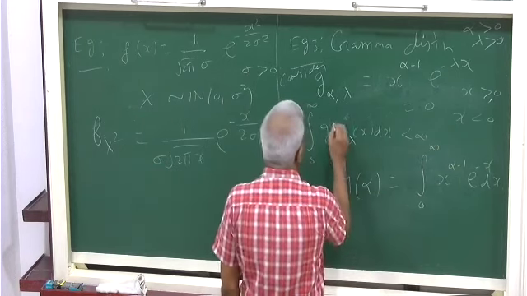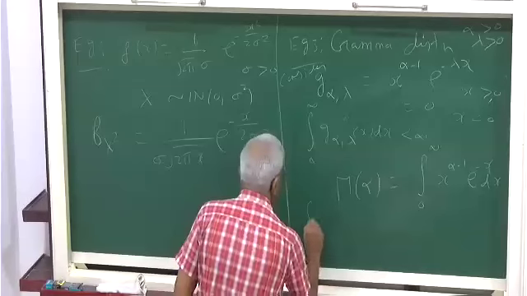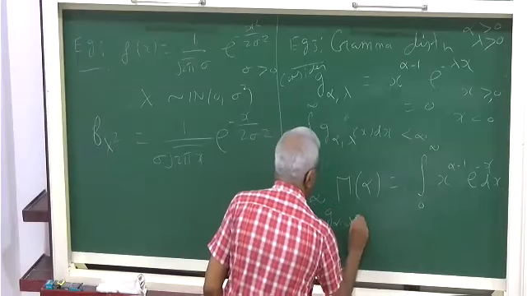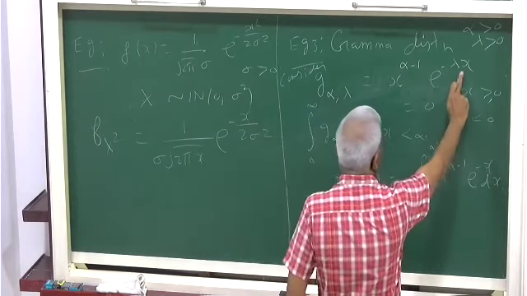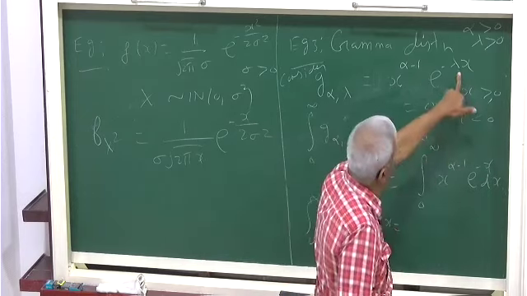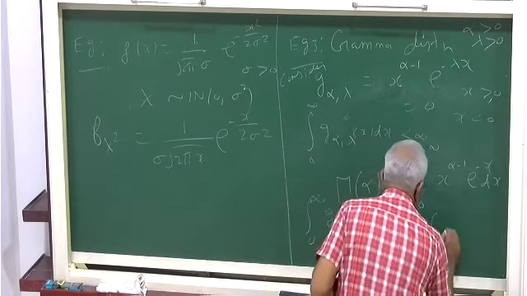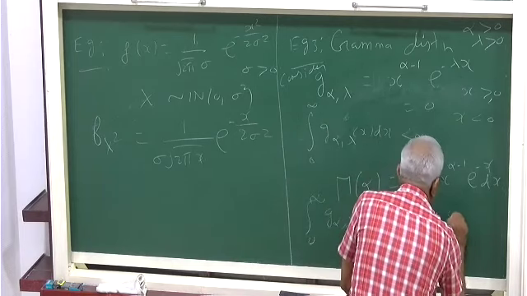And then what we have is the integral from 0 to infinity of x power alpha minus 1 e power minus lambda x dx. You need to substitute lambda x equal to y. So y power alpha minus 1.